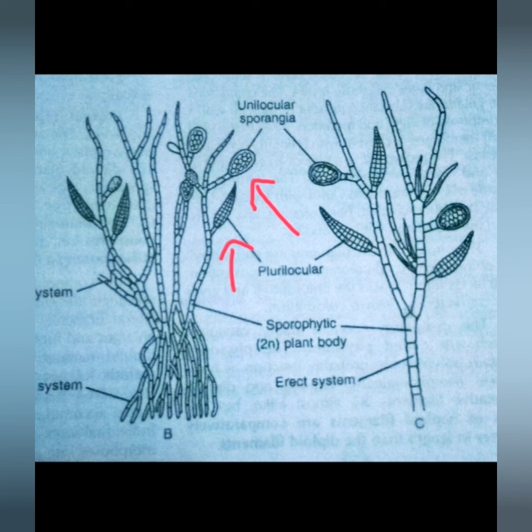It will produce plurilocular sporangia. But when the temperature is at 16 degrees centigrade, then both unilocular and plurilocular sporangia are formed. So we can see that the formation of these types of asexual structures is affected by temperature.